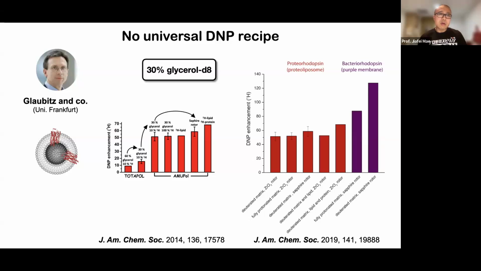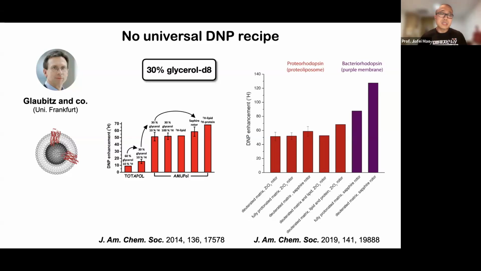That's actually very unconventional because, as you possibly all know from the literature, the standard recipe, the so-called DNP juice, contains 60% glycerol. And I think many labs use 60% glycerol. But in our case, this high concentration of glycerol will destroy proteoliposomes.